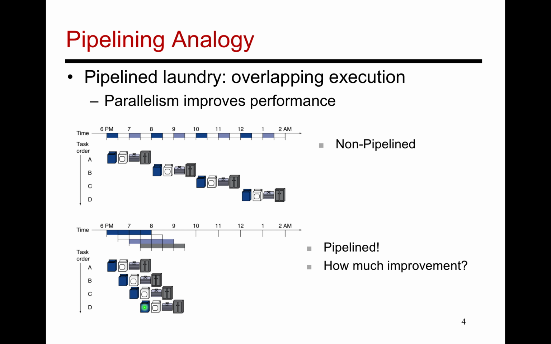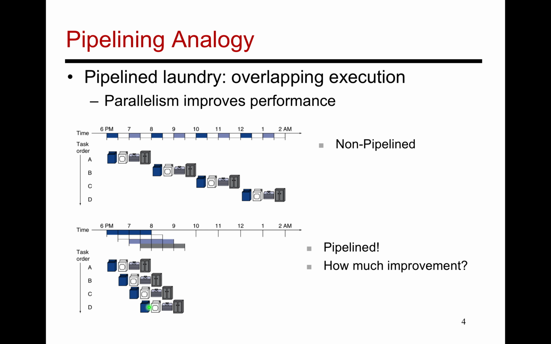With these operations now, at the steady state, I'm able to perform 4 operations at the same time. One of the reasons that I can do these 4 operations at the same time is because these are 4 independent resources. In other words, one does not depend on another one.